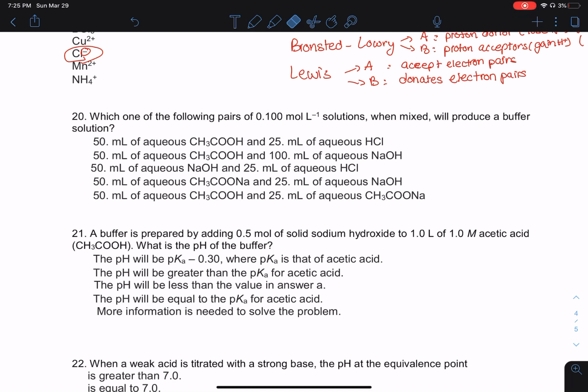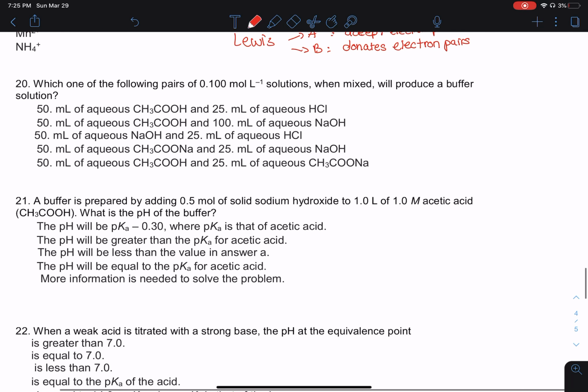So in this case, an acidic buffer solution is one that has a pH that's less than 7. And they are made from weak acids and its salt. Okay, weak acid plus salt.